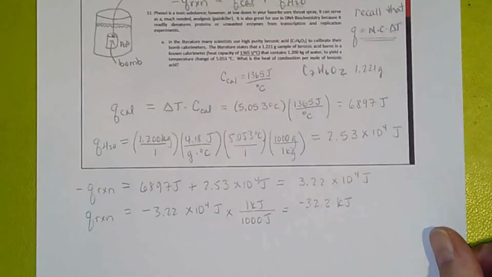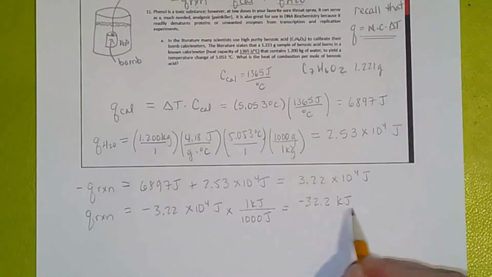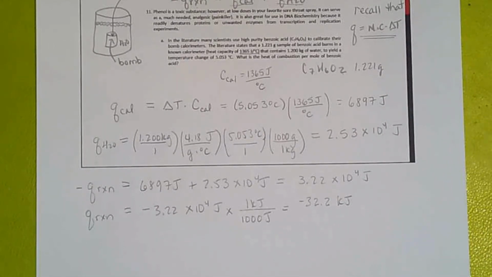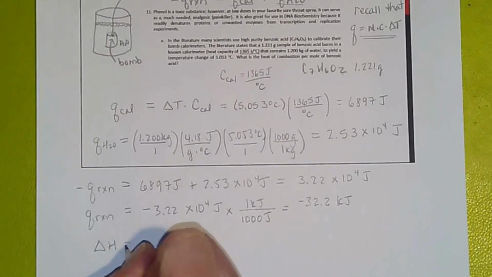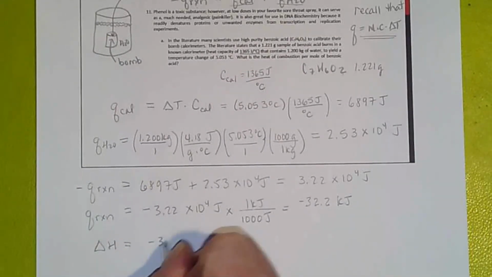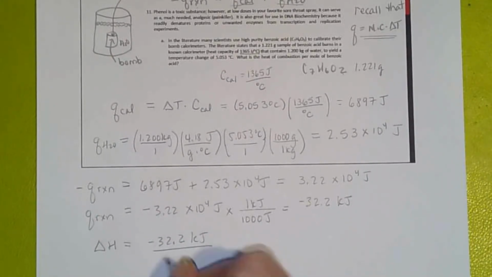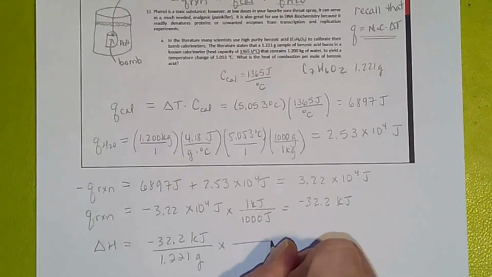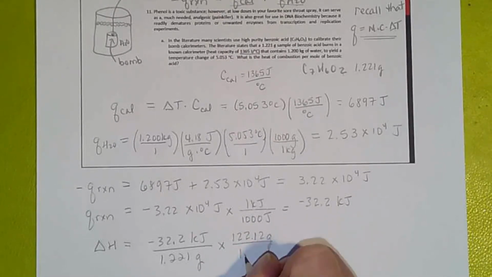Now, as we discussed in class, this differs from delta H because delta H is going to have a denominator that has an amount of substance. Okay, so in this case, delta H equals negative 32.2 kilojoules of heat given off by 1.221 grams of benzoic acid. Now we need the molar mass of benzoic acid, which I calculated to be 122.12 grams in 1 mole.